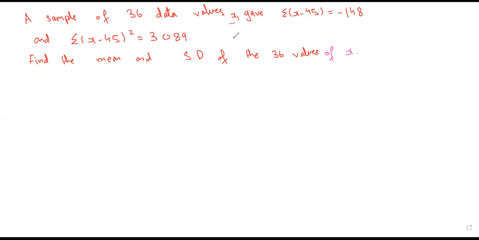As I've been telling you, in statistics, formulas are very important. Let's write down the formula for mean. So generally, mean is summation x over n. Now in this case, we do not have summation x over n. So how do we do such questions? How do we find the mean?